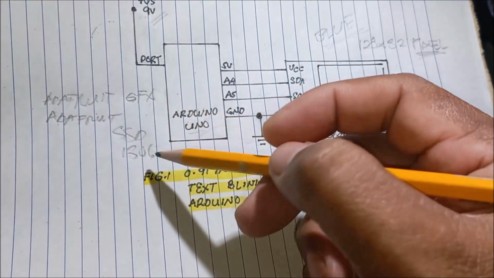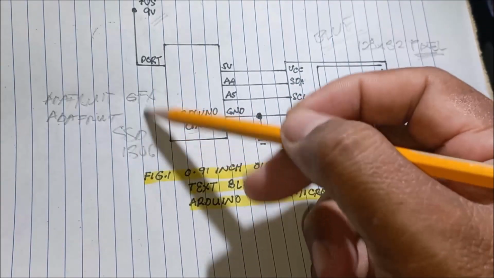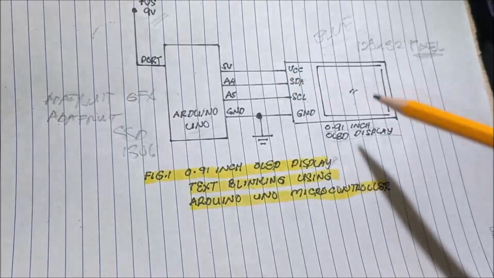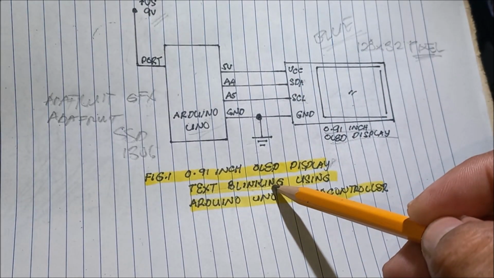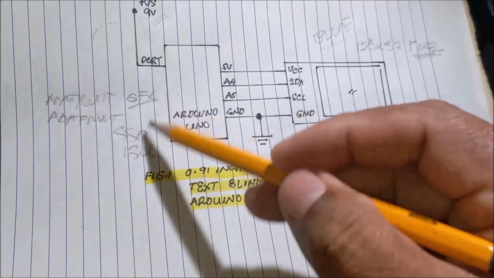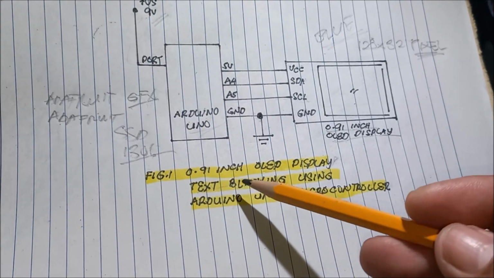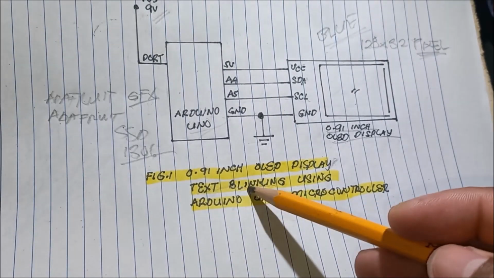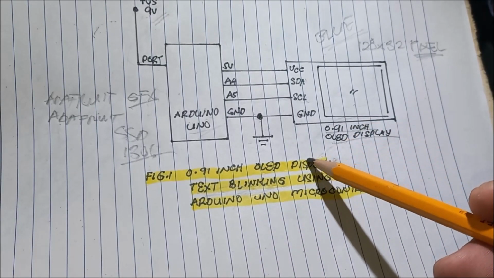These two are the libraries which we need to make a text blinking OLED display. These two libraries are for making the text blink on our display.